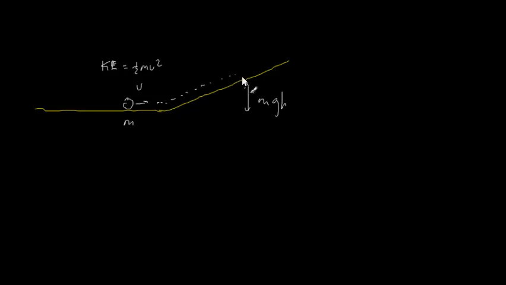In other words, the ball slows down, and eventually, at some height, it must have used up all of its kinetic energy, and then it stops, and then it starts falling back down again. So this is the height where the potential energy is equal to its kinetic energy.